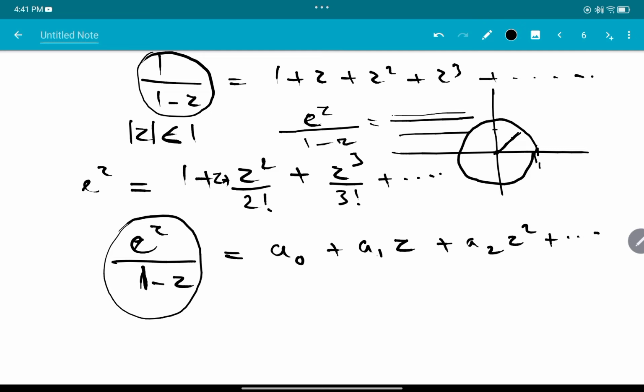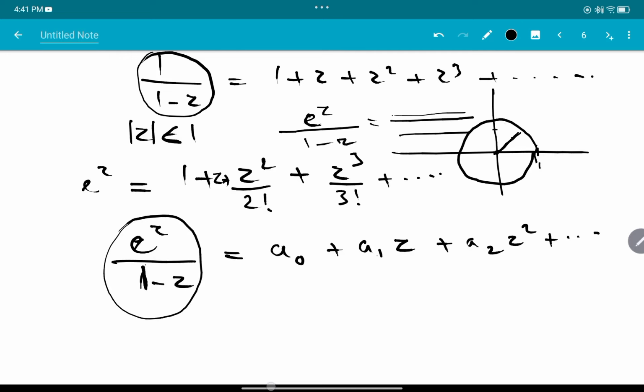Since both of them can be expressed in Taylor series, I can write e to the z divided by this equal to this Taylor series about z equal to 0, where a naught, a1, a2 are coefficients. Once I determine these coefficients, I have determined this.